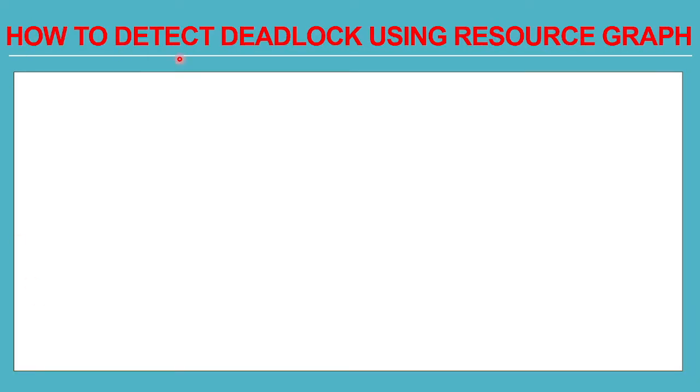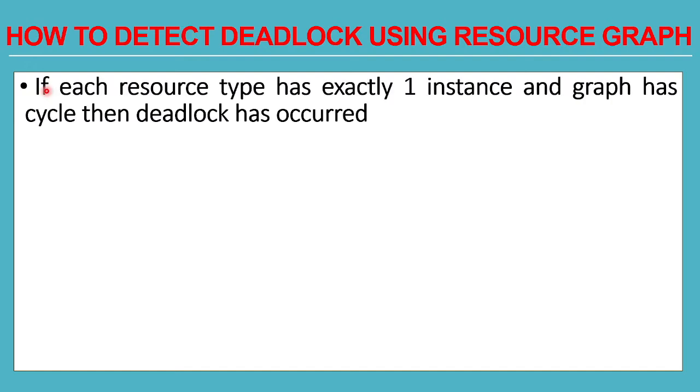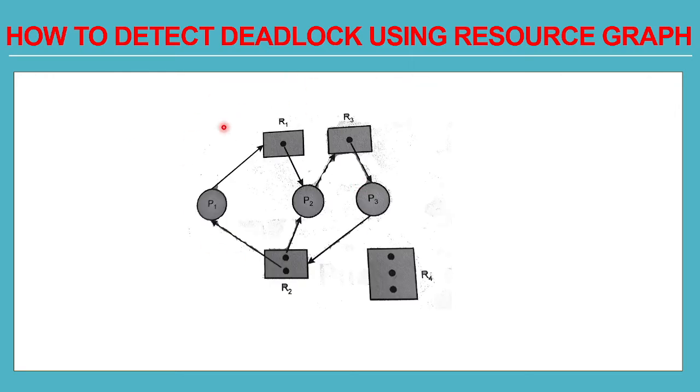Now first we will see how to detect the deadlock. There is a technique to detect the deadlock, that is the resource allocation graph. By drawing the resource allocation graph we can easily detect the deadlock. If each resource type has exactly one instance and the graph has a cycle, then deadlock has occurred. For example, as you can see, this is called a resource allocation graph.